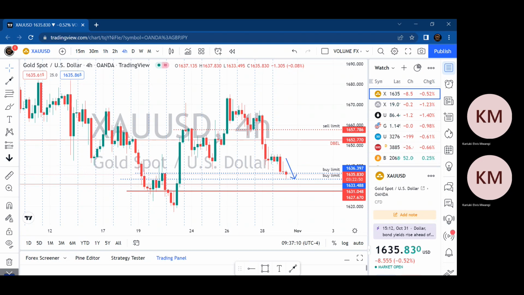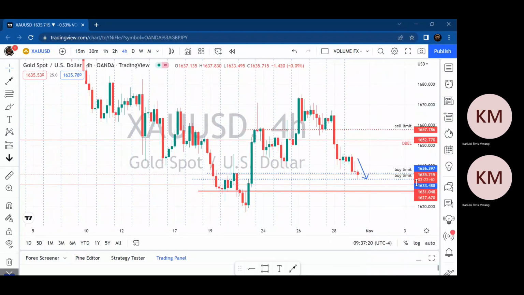My second buy limit is at 1633.48. But where is price? This is what I'm looking at. Let me minimize this one here. Where is the price? The price is at 16. You see where the red line is moving up and down, up and down? This price that is changing here.